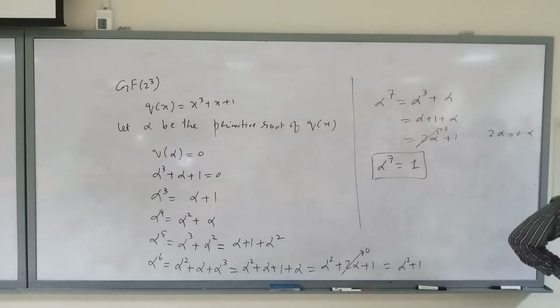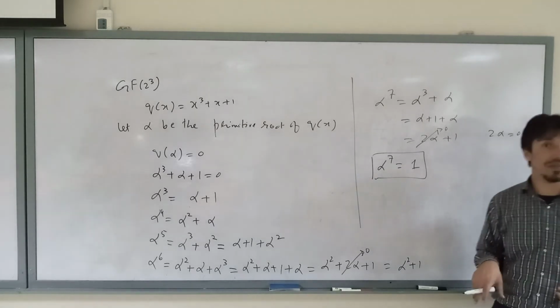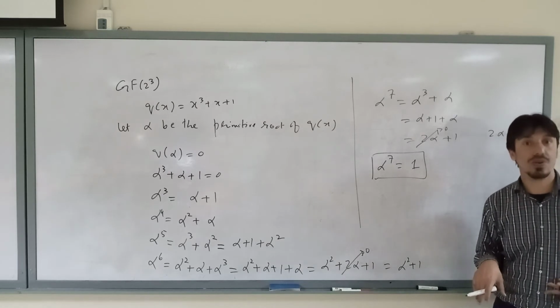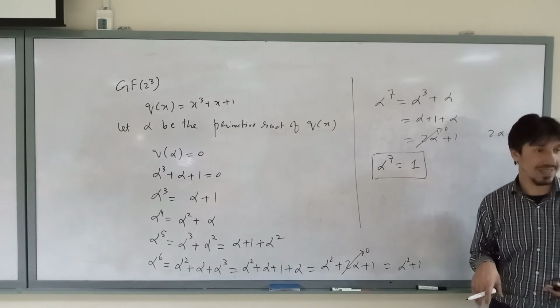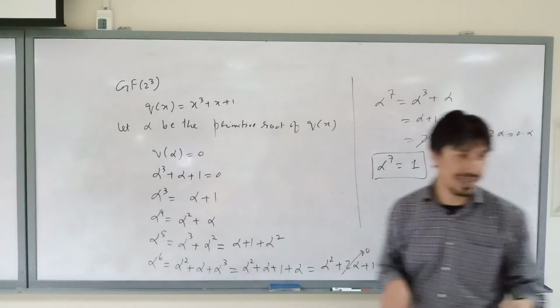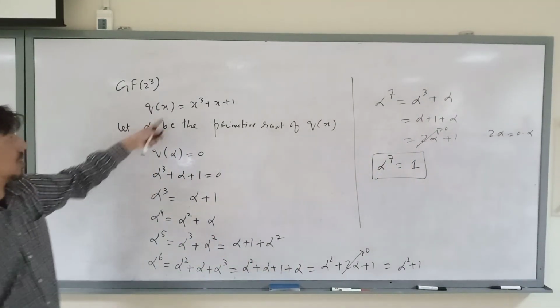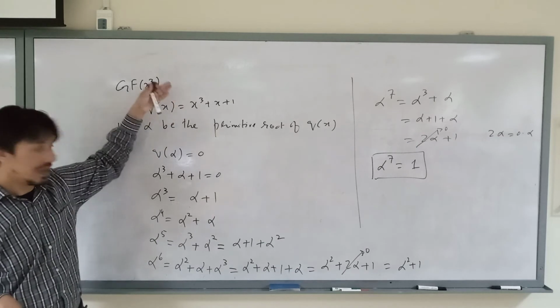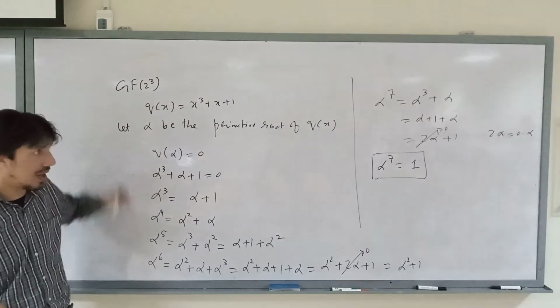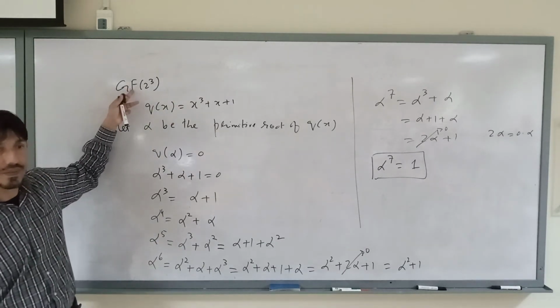Alpha. Alpha square. So there is a repetition after a certain power. As I told you while discussing primitive roots of modulo classes, that was the primitive element. So alpha is the primitive root of this equation. It means it generates all elements of the Galois field.